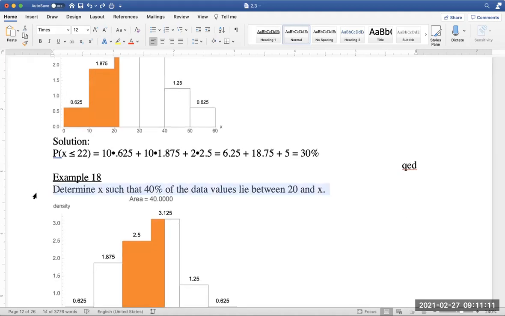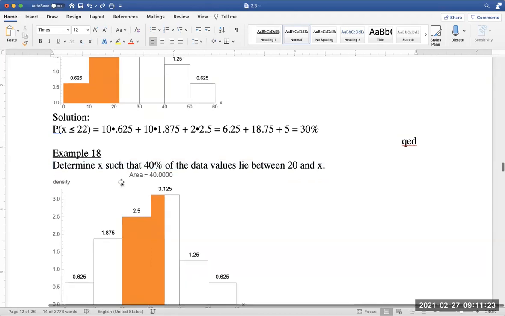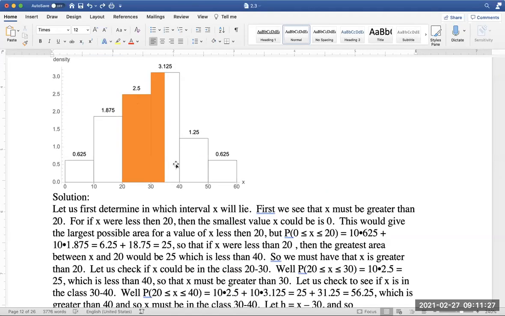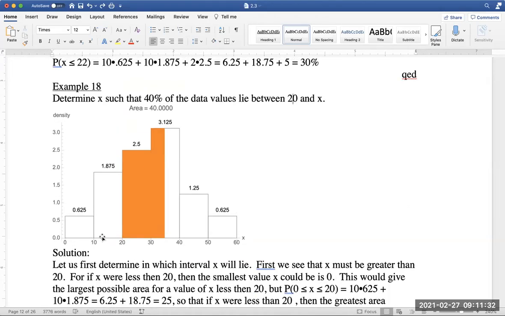Determine X such that 40% of the data values lie between 20 and X. First, I have the number 20. Is X less than 20 or greater than 20? Suppose X were less than 20. Suppose I went all the way to negative infinity.